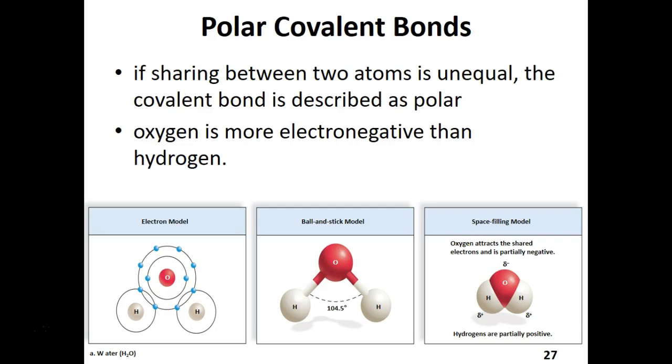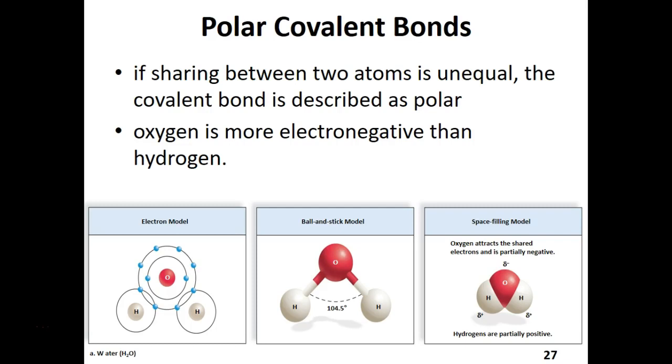And so oxygen has 8 protons in its nucleus. That's a big positive charge. Hydrogen has 1 proton in its nucleus. So electrons are going to sit closer to the oxygen because there's a stronger pull for the electrons towards the oxygen. That is considered an unequal sharing.